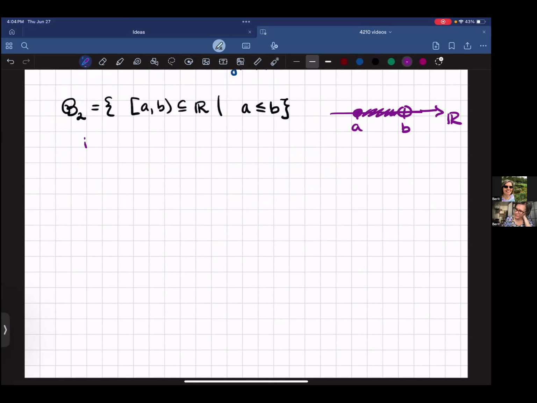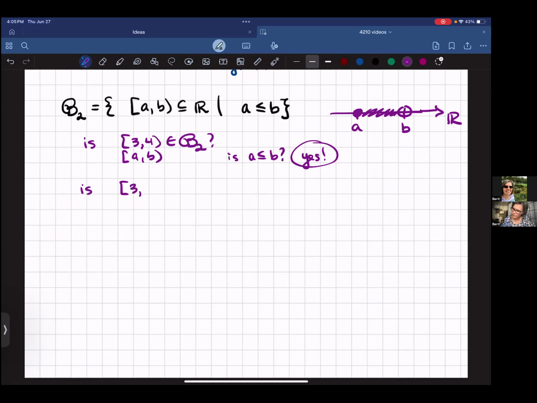Okay. Is [3, 4) in B2? So you ask yourself, if I think of this as [A, B), is A less than or equal to B? 3 is less than or equal to 4. Yes. Okay.